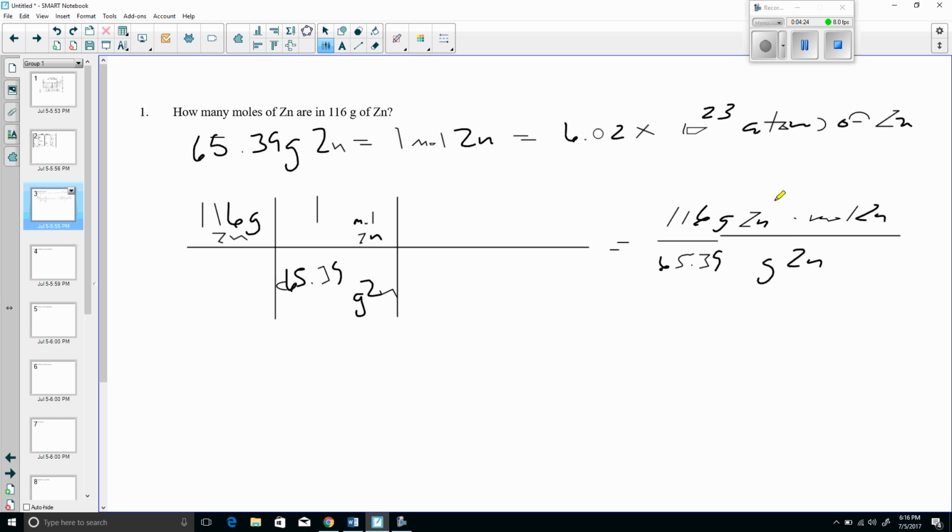What we see here is that these two things cancel. And that's the reason why when we have something on the top and something on the bottom, they cancel. So now our only unit that we have left is moles of zinc.